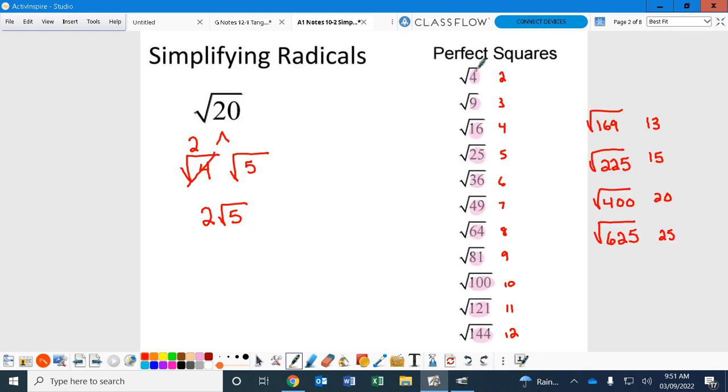Is 2 one of the highlighted numbers? No, it's the square root of one of them, but it is not a highlighted number. Guys, what it's equal to does not matter in this list. It's the numbers that are under the radicals that are the perfect squares. So is 2 under one of the radicals? Yes or no, guys? No, it is not under there.